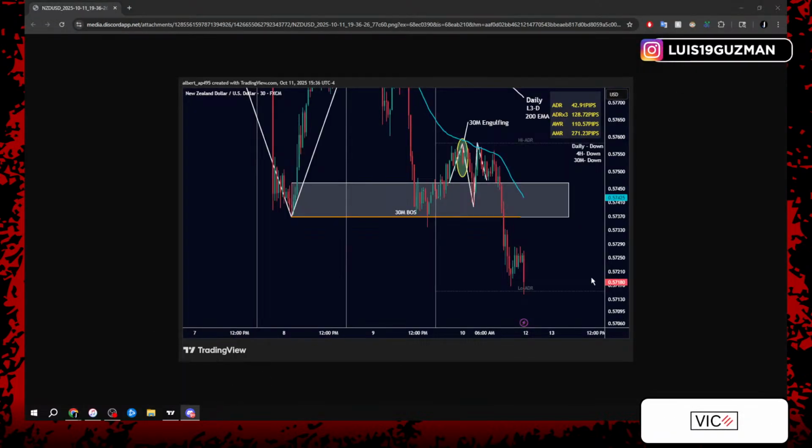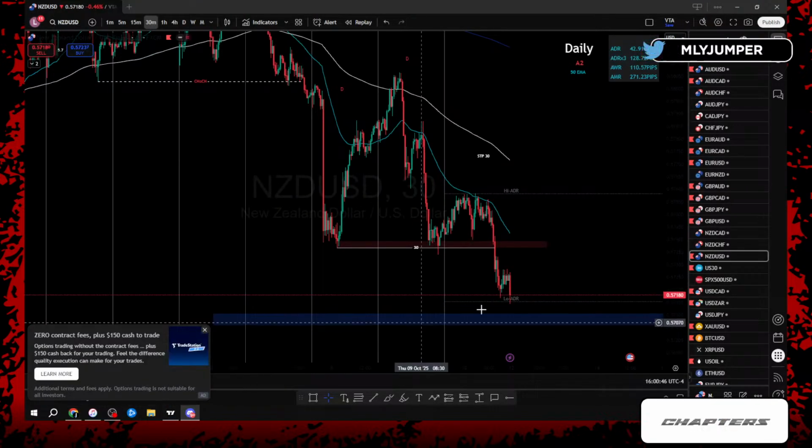We have a 30-minute break. Right? You have your 30-minute BOS line down here. And your question was in the Discord. Can you confirm if this trade would have been valid?